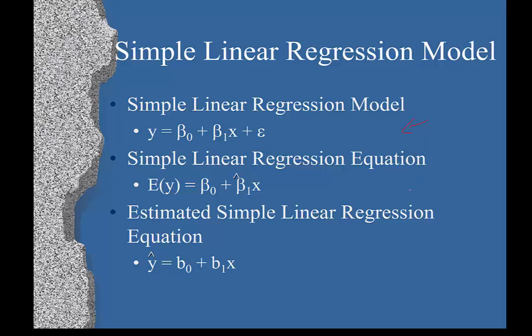And when you calculate it using Excel, you're going to get an equation that looks like this. This is the way we denote it when it's actually an estimated equation. This is more formal. This is what we're estimating when we actually run our regression. So I'll use this.